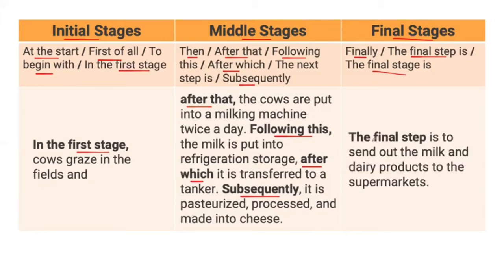The final step is to send out the milk and dairy products to the supermarkets. And you see here how we have used these sequencers, really helpful phrases, in one sentence if you can, or in various sentences in your paragraph. So this and your passive and your active and your present perfect and your past simple will really be important when writing your essay. So without further ado, let's get started and look at how we are going to format and write our essay today.